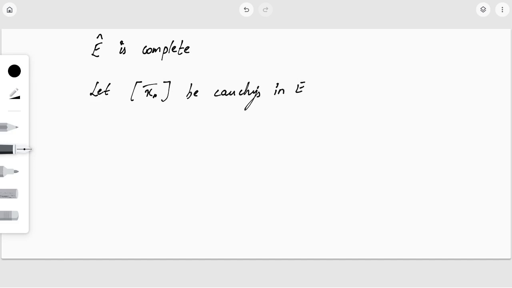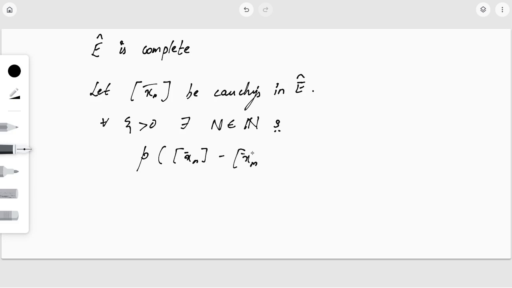Cauchy in E cap. Then by definition, for every epsilon greater than 0, there exists a capital N belonging to the set of natural numbers such that P of coset xn cap minus xm bar is less than epsilon for every n, m greater than N, because we had defined a semi-norm P for the quotient space E cap.